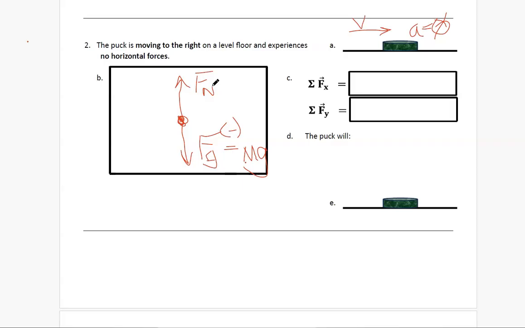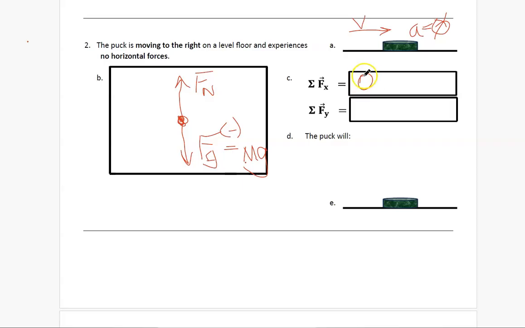So just because it's moving doesn't mean there's a force. Movement is not what tells you that there are forces. Changes in movement are what tell you that there are forces involved. And this is moving to the right. There is no change. It's just moving to the right, and that's it. So we have the exact same situation in terms of forces as before.